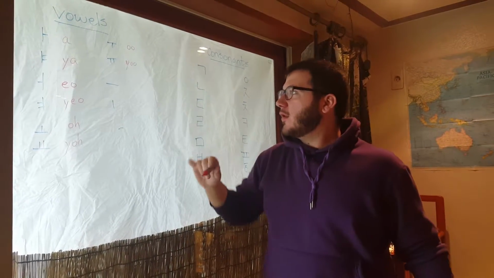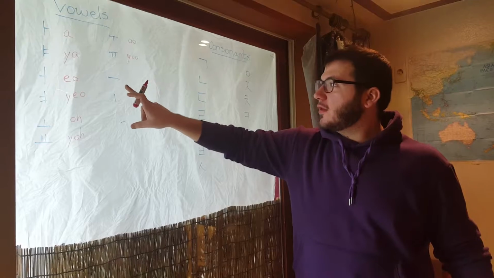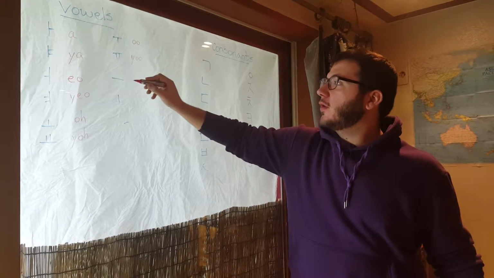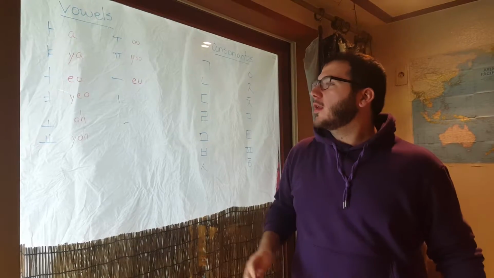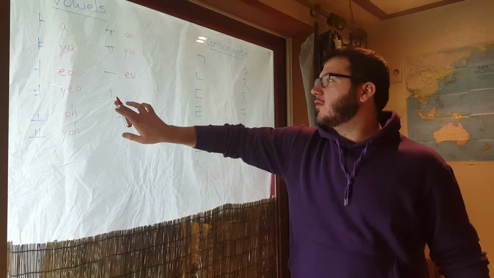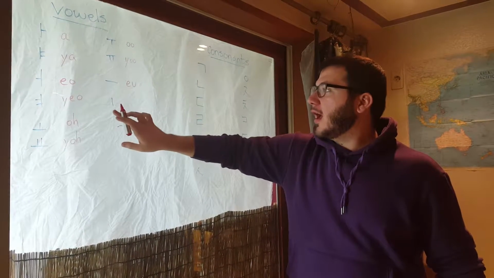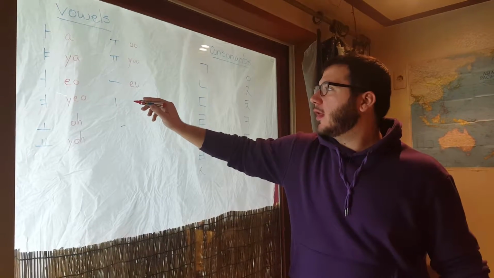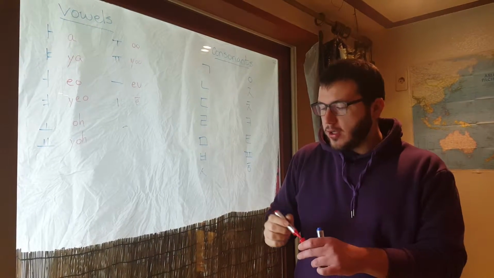Now here we have just a straight line, and this is kind of a little tricky to pronounce. It's an sound, like an EU, like a French person would say. And then the straight vertical line kind of looks like an I, so it's an E sound, like a long E sort of sound.